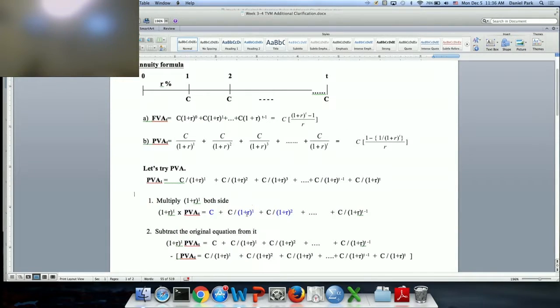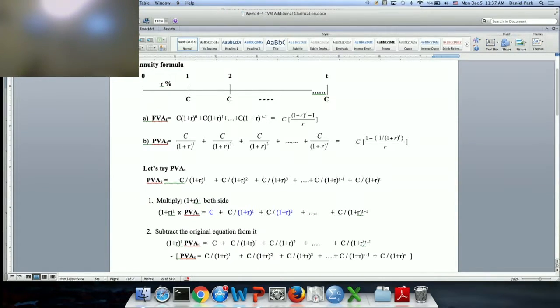Second term, 1 left. Third term, out of 3, 2 left, on and on. So the last one here, we have T minus 1. If this is a 10, then this is a 9. If this is a 3, we end up with 2. So if T is 10, then this will be 9. That means T minus 1, 10 minus 1, 9.